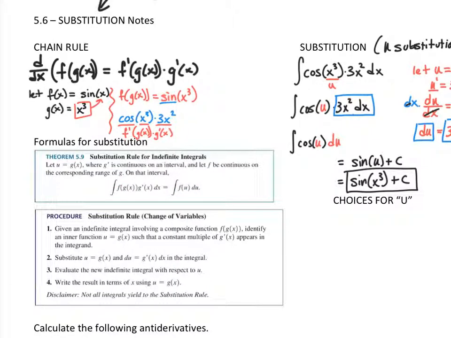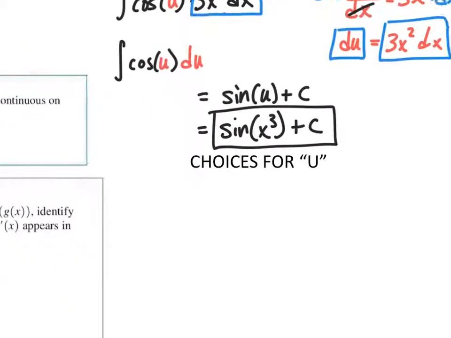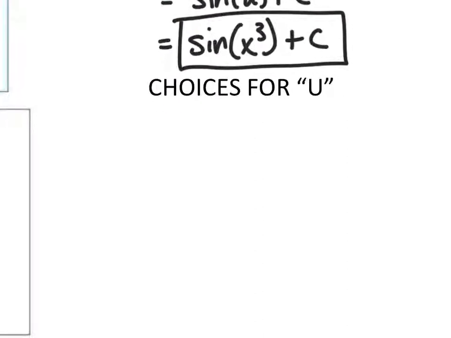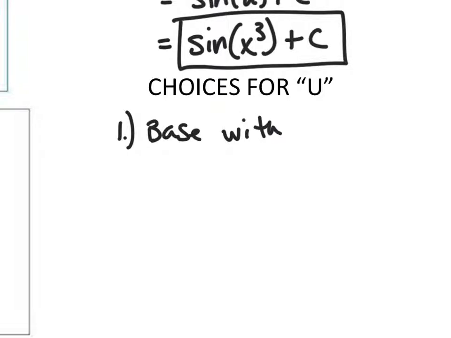But the one thing that I want to do is talk about choices for u. That's probably one of the harder things that we talk about with this section. The first choice that we would have would be the base of a function, the base with the largest fixed power.